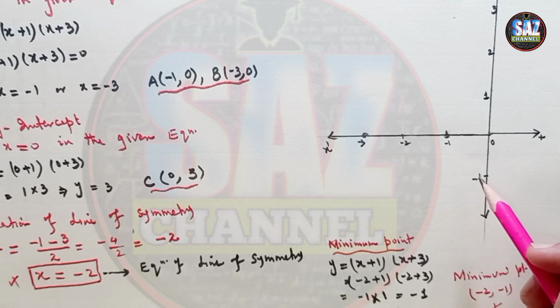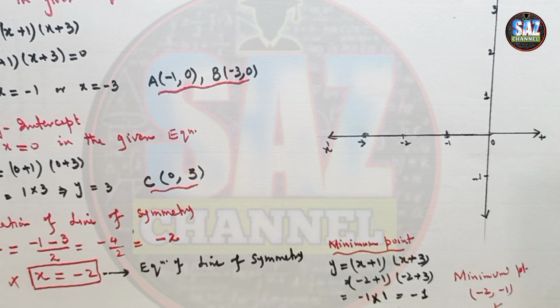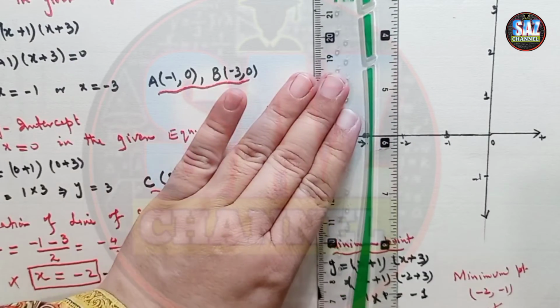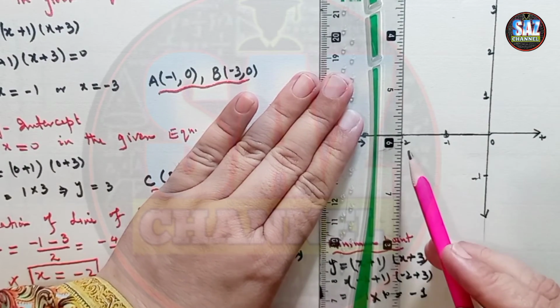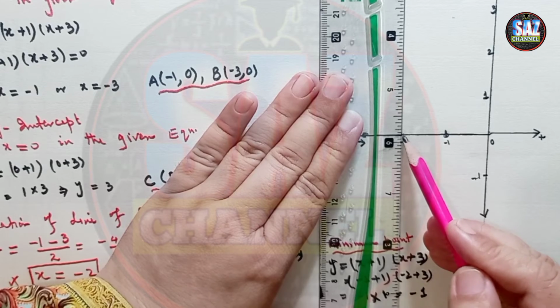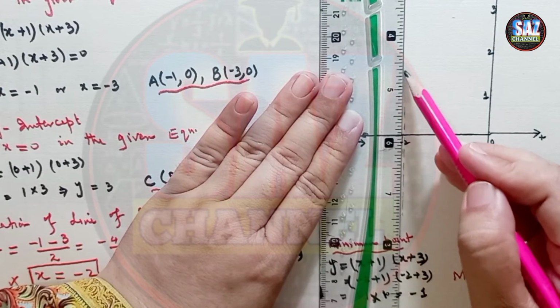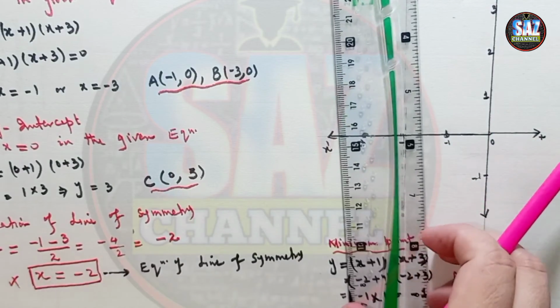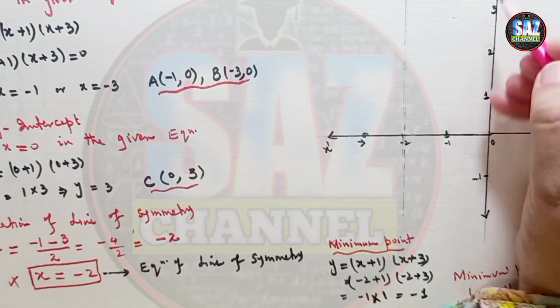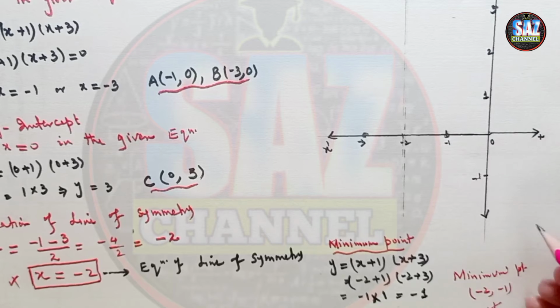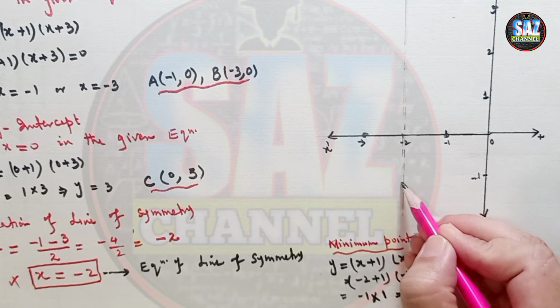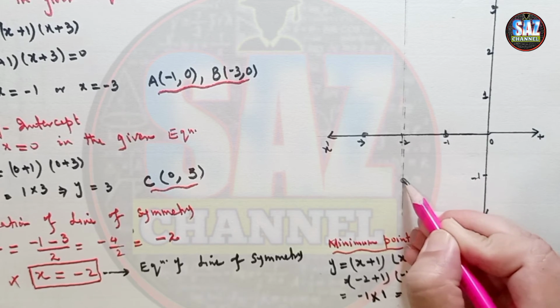Then we have to draw the line of symmetry, that is x equals -2. Let me draw the line of symmetry here. And the y-intercept is (0, 3), and the minimum point is (-2, -1).